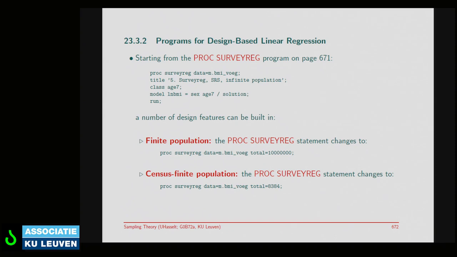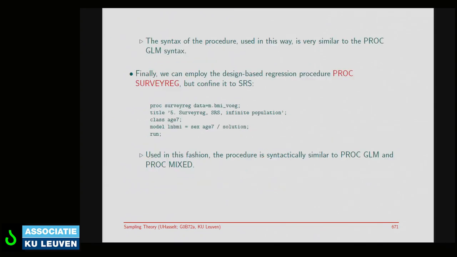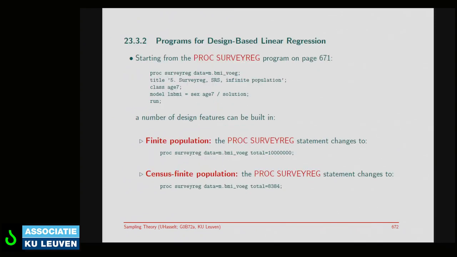Okay. Now, if we start from the PROC SURVEYREG procedure that we just considered, we can now start adding the things that we really want. For example, is there a finite population? Okay, total equal to 10 million, for example, or whatever number applies. You can set this to the finite population value so that you use the sampling without replacement finite population correction.